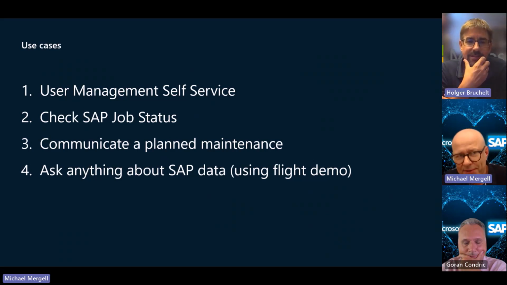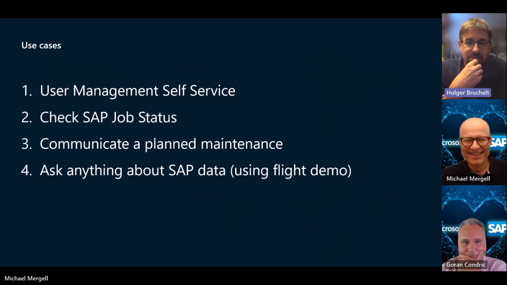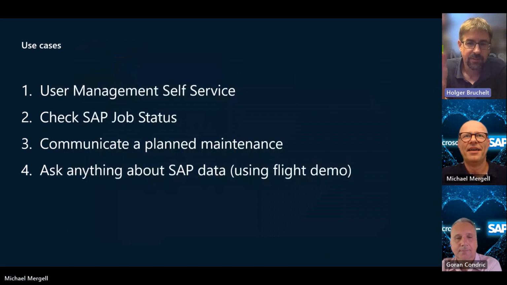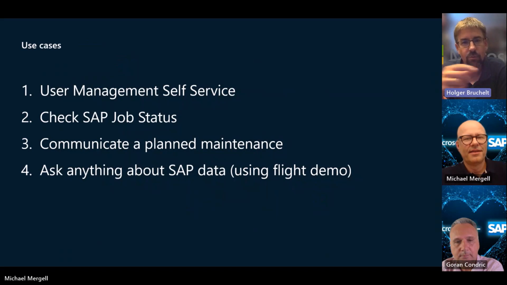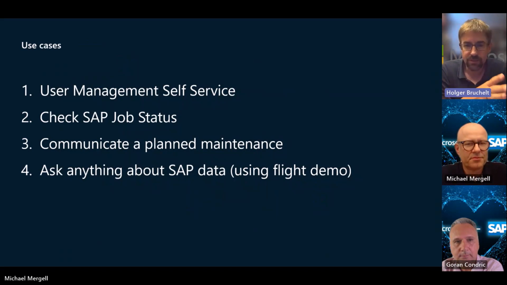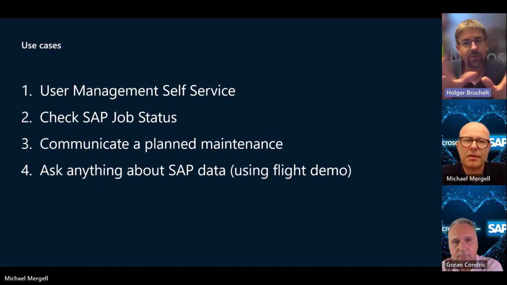Last but not least, Michael, just one thing I thought about when you mentioned it: it's not only about informing the user via the SAP GUI that there is planned maintenance, in a lot of cases there's additional communication that needs to happen. Instead of logging onto the SAP GUI and setting up the system message there, with this Teams integration you can not only do this, but also inform users via other channels.